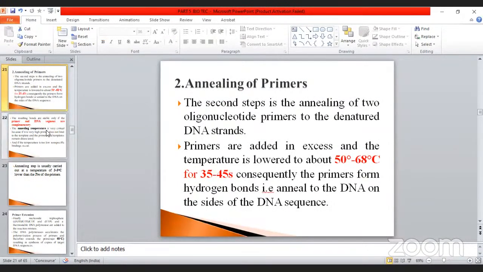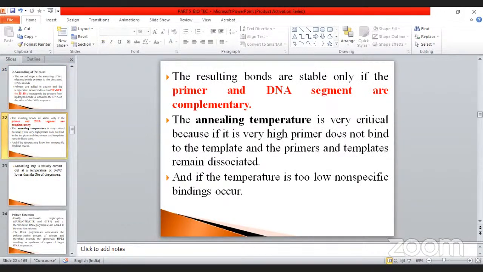It will not be exactly complementary to the DNA molecules and it can be dissociated. These are human errors we make during the PCR reaction. The primer is very important, and the particular temperature is very important. Then the process will continue.